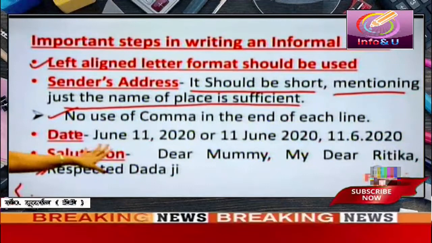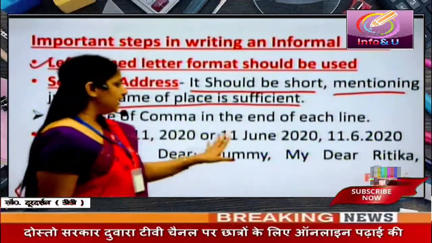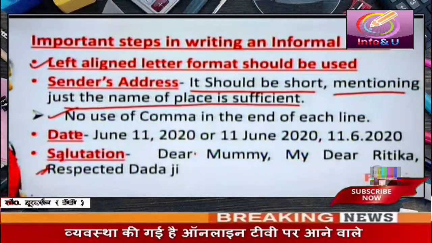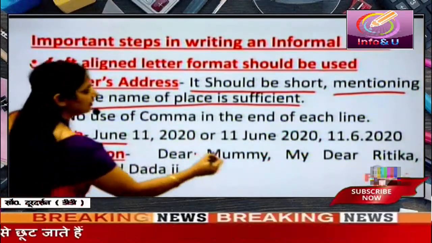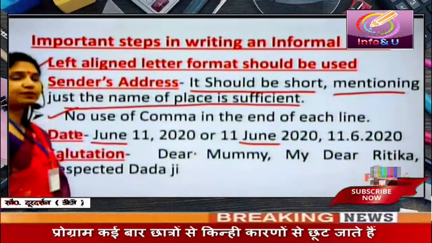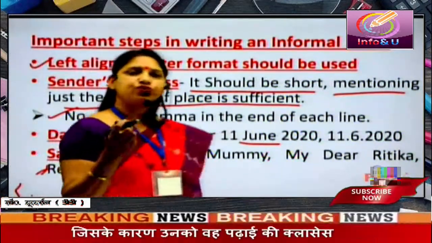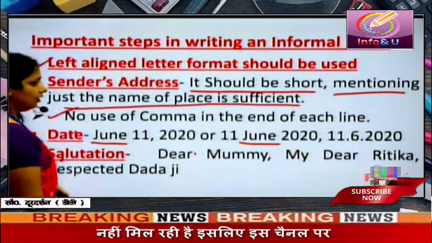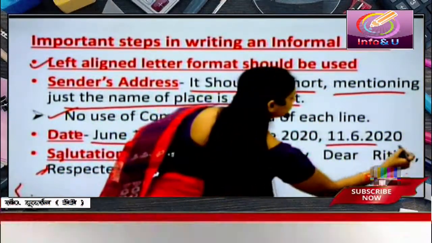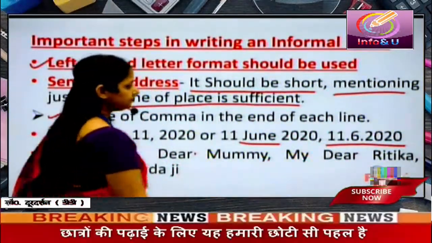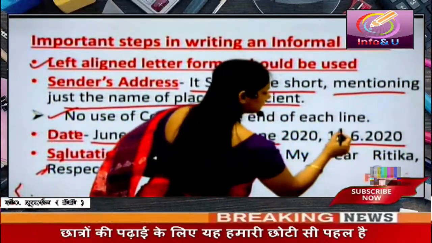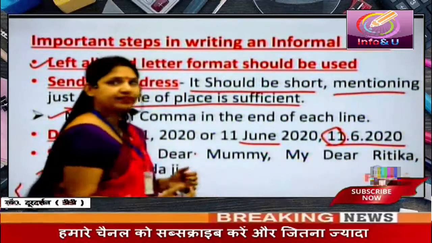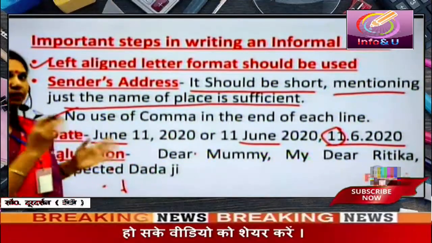Date, June 11, 2020 or 11 June 2020. This is the best way to write. When you write month in words, this is the best way to write because it saves you from all sorts of confusion. Because in America, if you read this date, it will be November 6, 2020, because we write month first in American form.